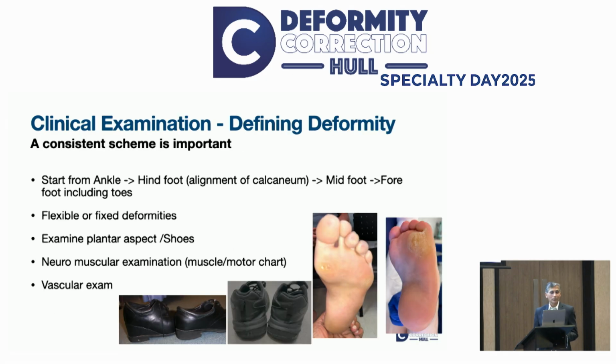And clinical examination should follow. I do it in a sort of ankle, hindfoot, midfoot, and forefoot order. And while I'm examining them, I make a note of whether the deformity is flexible or fixed. And don't forget to examine the foot and the shoe wear, and also finish off with a neuromuscular examination and vascular examination.